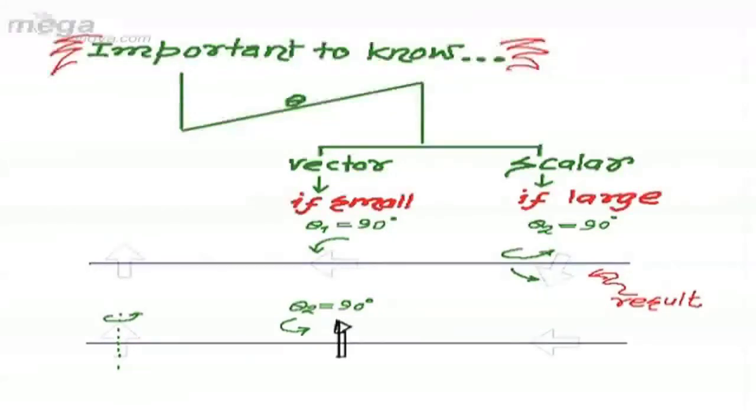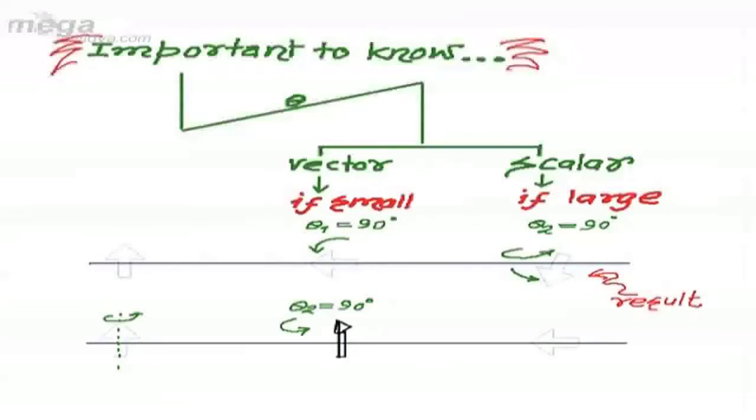So after revolving it with angle theta 2, which is 90 degrees in the anti-clockwise sense about the vertical axis, this arrow now becomes this way.